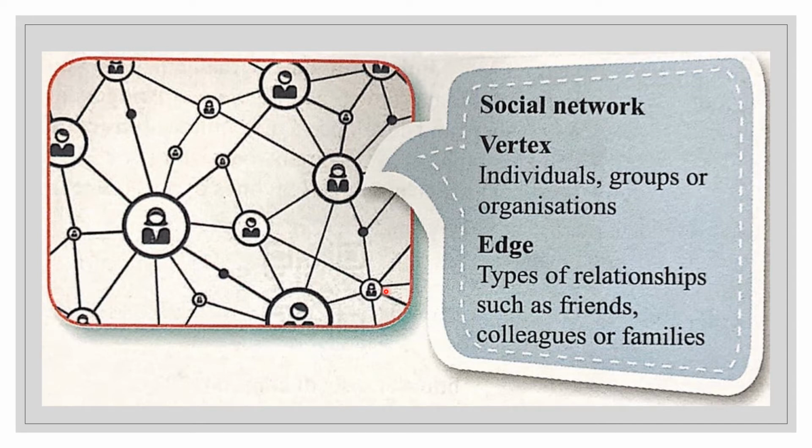For the social network, the vertices are the individuals, groups, or organizations. And the edge is the line that links the vertices, showing the types of relationships such as friends, colleagues, or families.